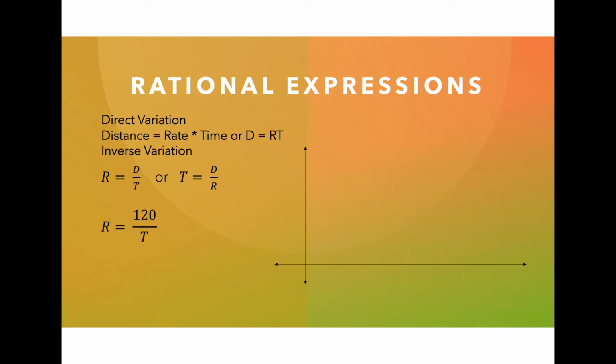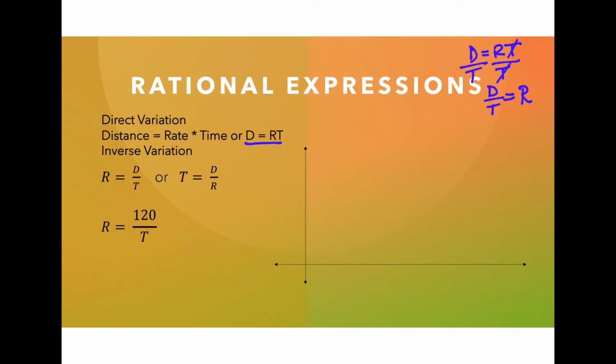Now, since we started out with the direct variation, d equals rt, any equation like this we can mess with. With d equal to rt, I could solve this for either r or t. If I solved it for r, that means I want to get r by itself, so I would divide both sides by t, thus eliminating it on the right-hand side, and giving me r is equal to d over t.